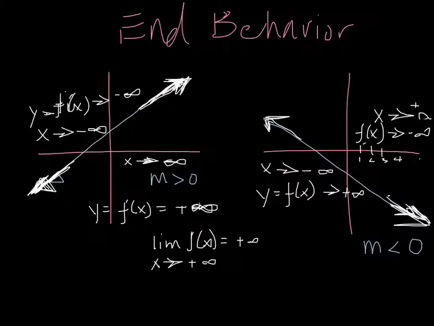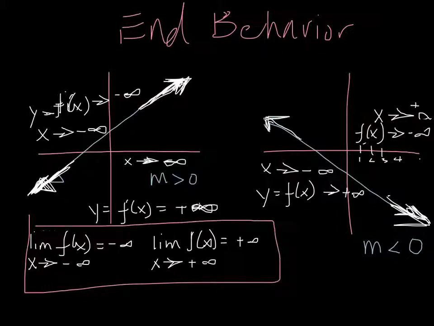That's for the right side of this graph. On the left side of the graph, the limit as x approaches negative infinity of f of x equals negative infinity. These are just an easier, neater way of writing what the ends of my graph are doing.